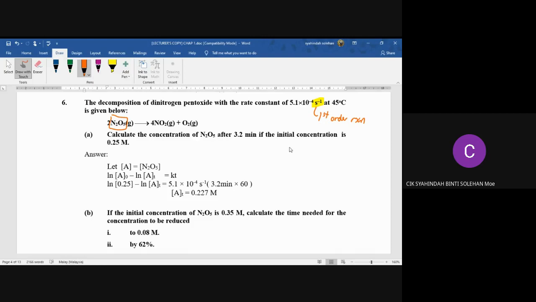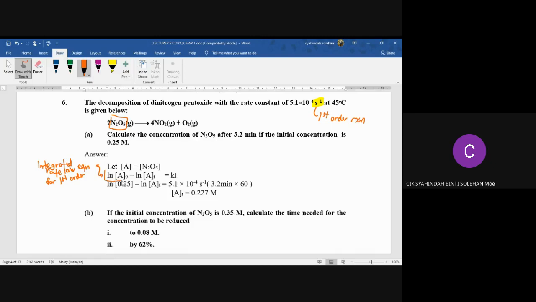if the initial concentration given ialah 0.25, so you terus buat, terus bagi tahu integrated rate law equation for first order reaction, okay, which is berapa?